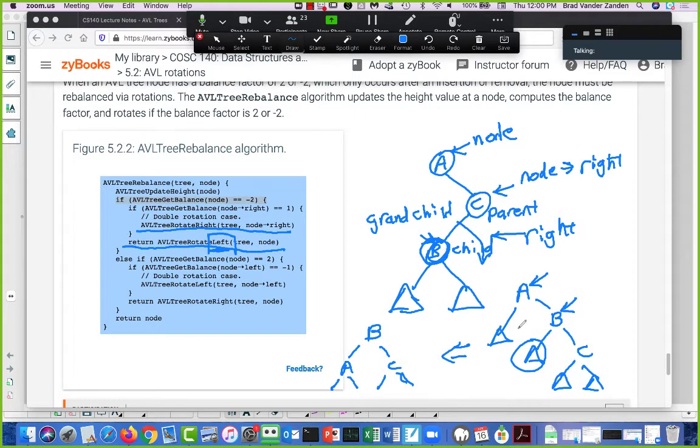If this subtree was labeled D, then D would now be over here. So that handled the case of a zigzag.